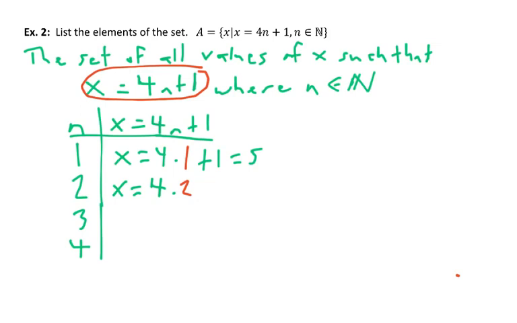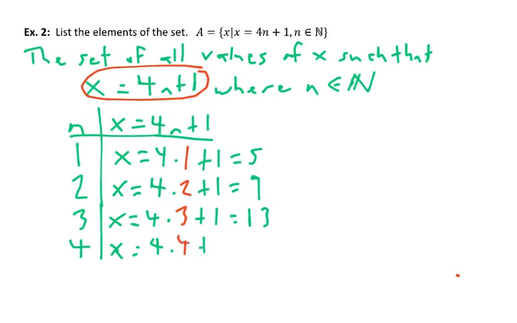Keep the colors consistent here. 4 times 2 is 8 plus 1 is 9. x is equal to 4 times 3 plus 1. 4 times 3 is 12. 12 plus 1 is 13. And then next, x is equal to 4 times 4 plus 1. 16 plus 1, 17.